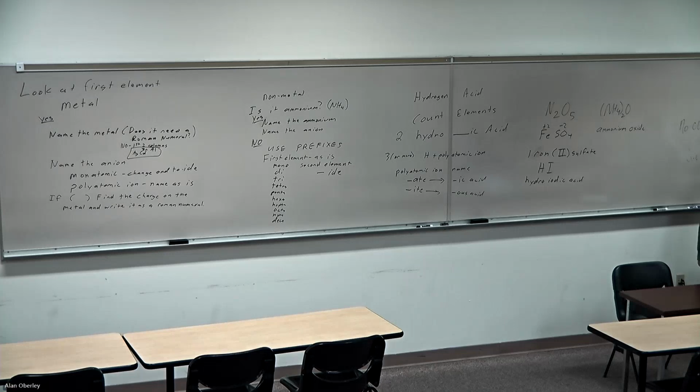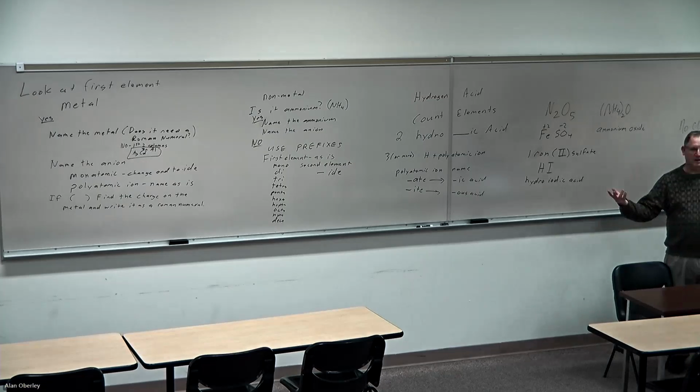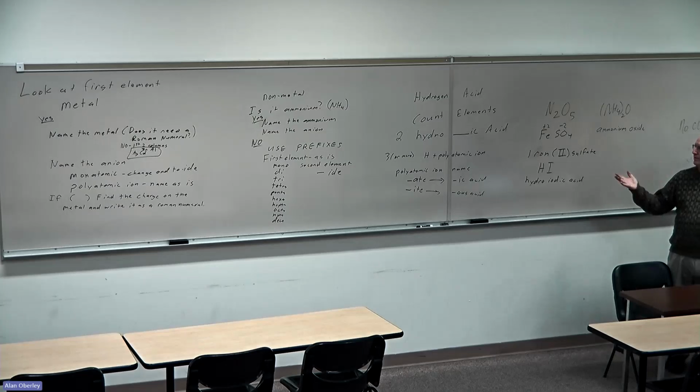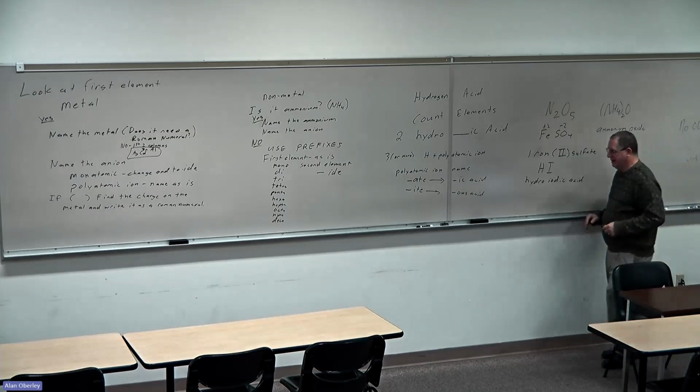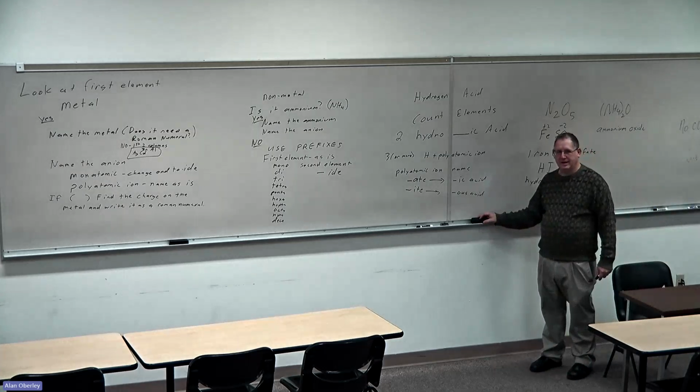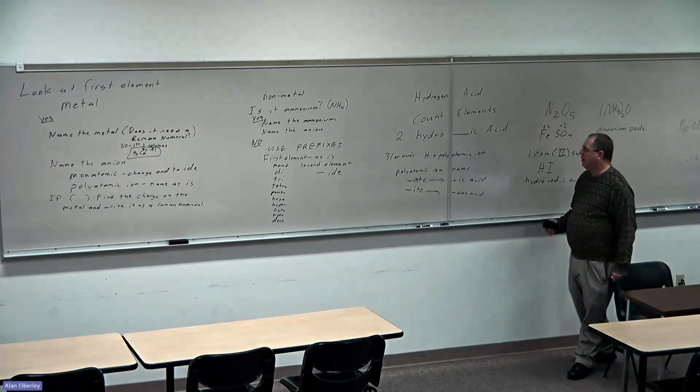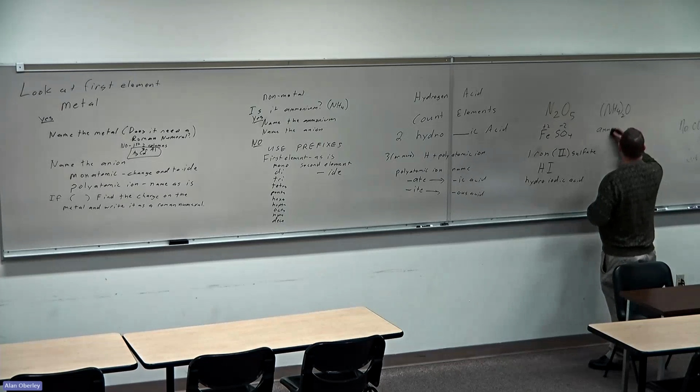Now, I don't have enough board space to do formula to name. I'm sorry, this was formula to name to formula. So I have to erase all this. You ready for me to erase? Yeah. Isn't sulfide like SO3? Well, here's the problem.